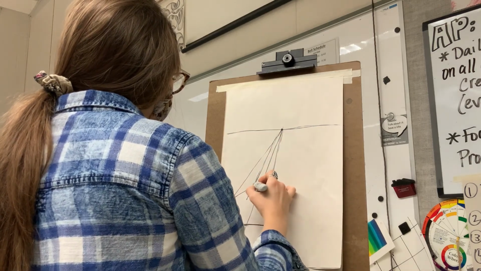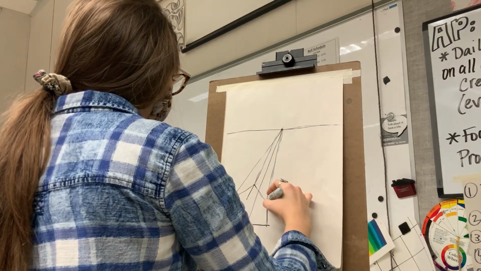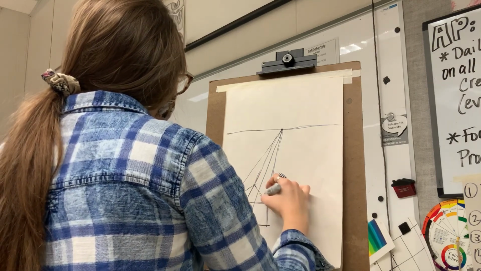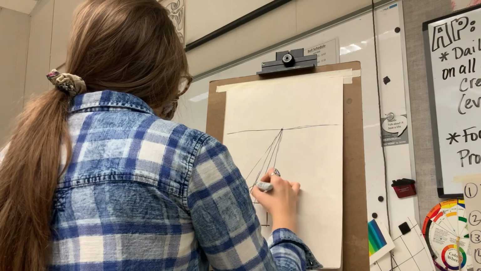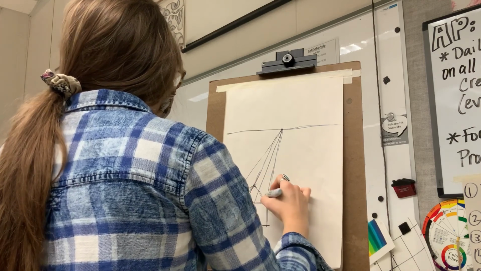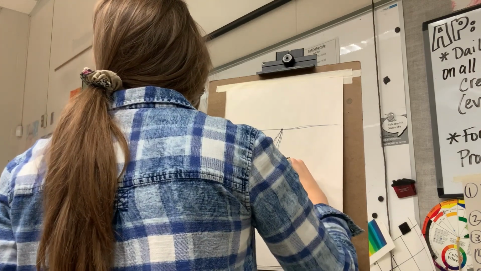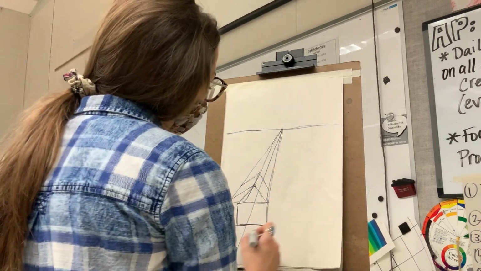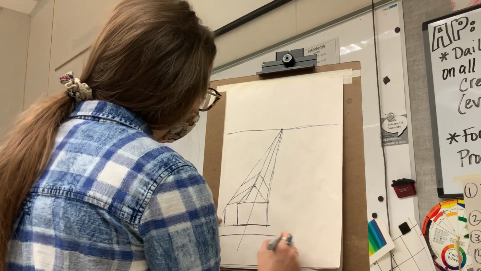So at this point, connect to here, connect to here. So that where I know the back of my house would end would be like that. Maybe I have some fencing.